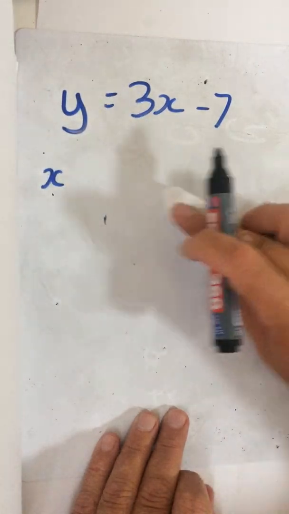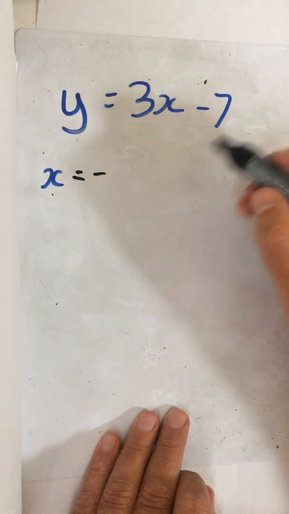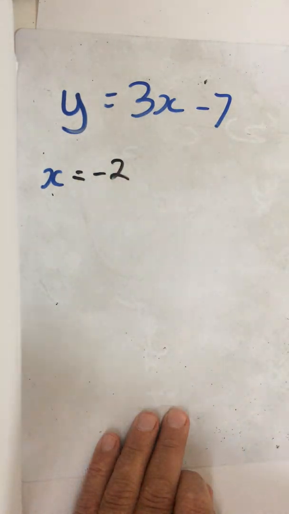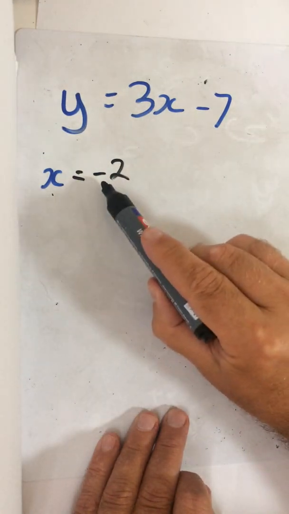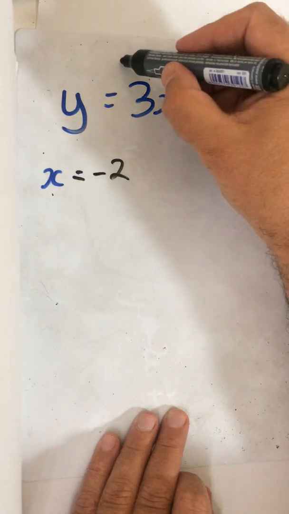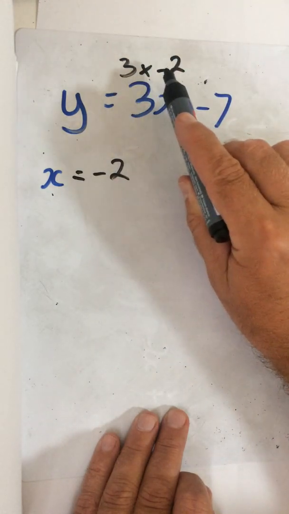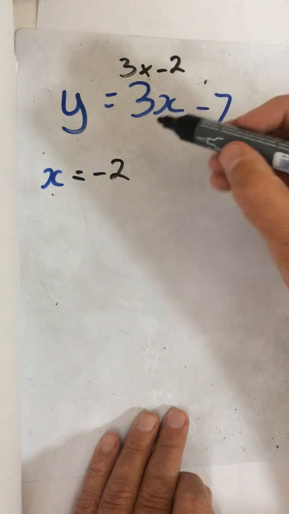If x was equal to minus 2, it gets a little bit trickier when we're dealing with the negative numbers. So x is equal to minus 2, so it becomes 3 times minus 2. Remember, a positive times a negative will give us a negative.